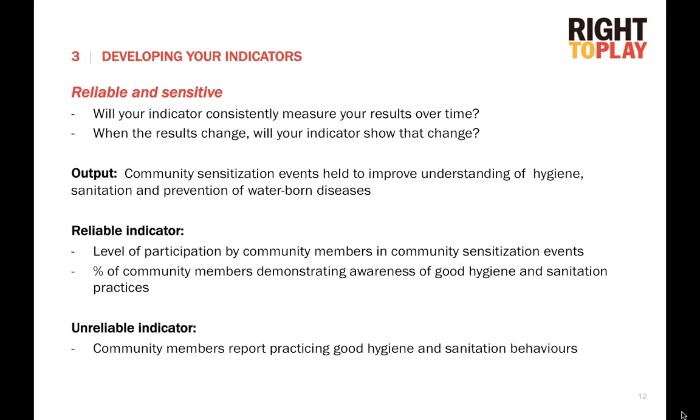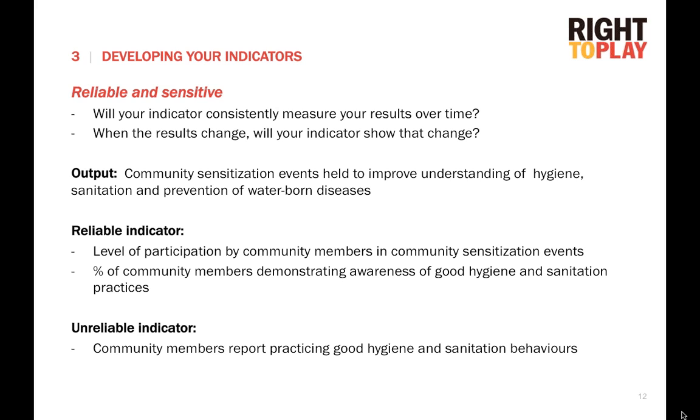So let me go back to your question here. When you're talking about at home and whether or not that can be measured reportedly by parents, yes, that is something that parents could describe for us. But in this particular case, when the output was an improvement of understanding of hygiene, sanitation, and prevention of waterborne diseases, the key word there is understanding, which is really looking at awareness and knowledge.